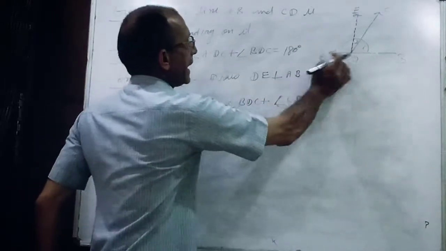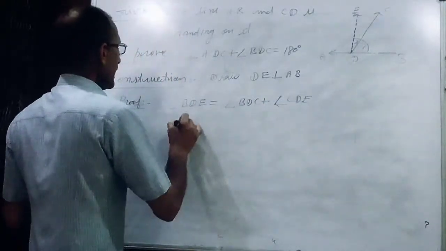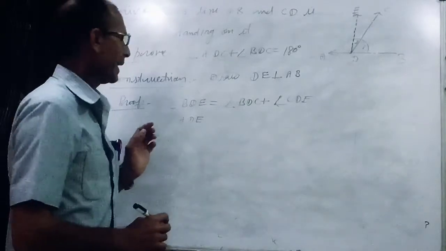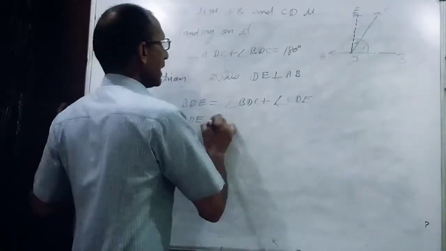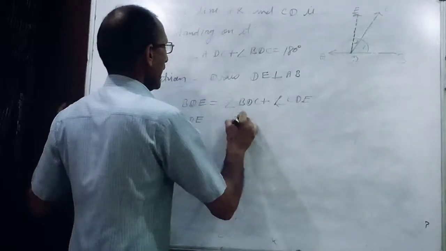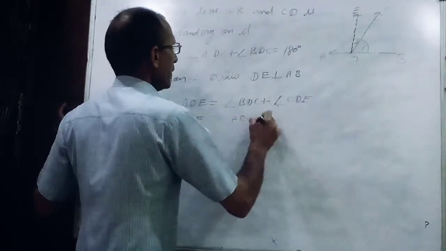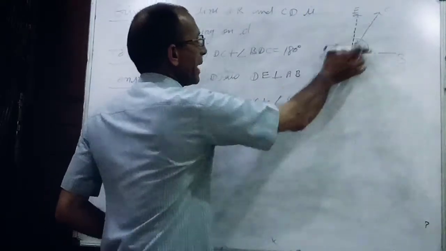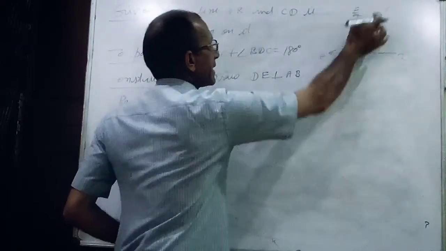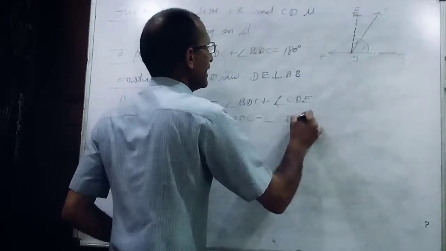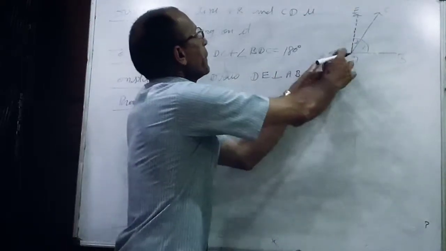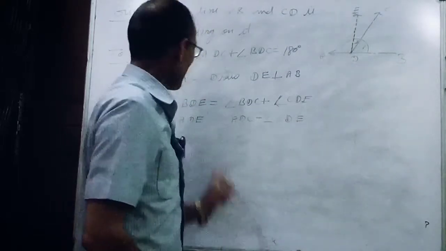Now this side, angle ADE. Angle ADE will be equal to angle ADC, from angle ADC if I subtract angle CDE, I will get angle ADE.